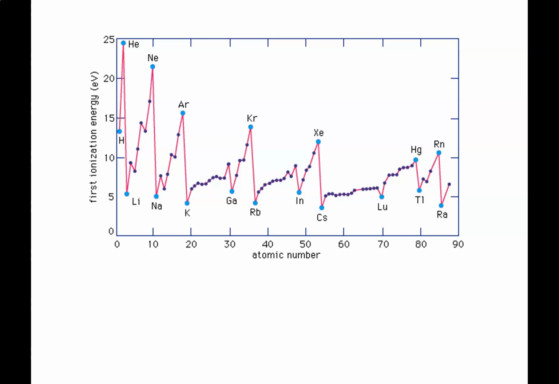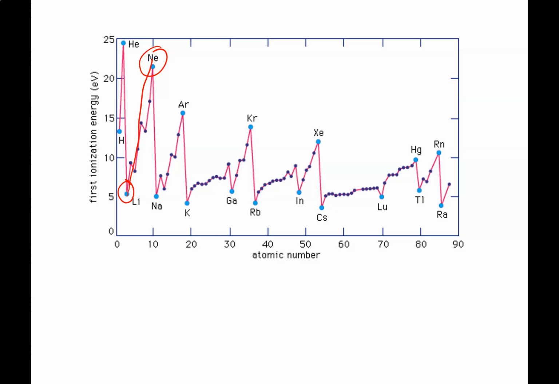So what we would expect is that as we move across a period, it becomes more challenging to remove an electron, but as we go down a group, it becomes easier. If I look at moving across the second period, going from lithium to neon, you can see that it becomes more difficult as I move across.